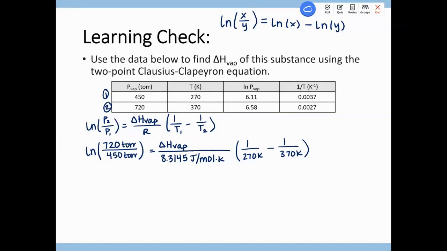So you could, instead of doing natural log of the fraction, do natural log of 720, or P2, which is 6.58, minus natural log of 450, which is 6.1. Both should give you the same number. So if we use the other numbers, we would have to subtract them.